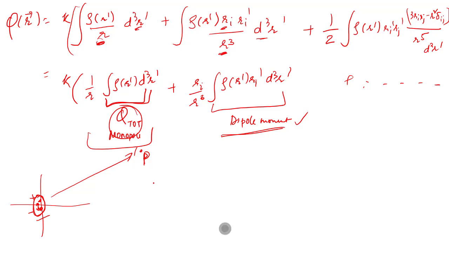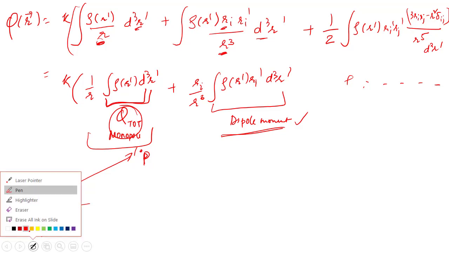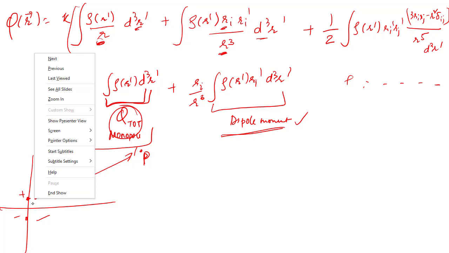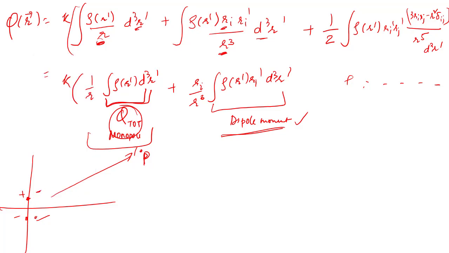Now, what if you had a charge distribution which had another dipole? Let me give a better example. Instead of having one dipole, let's say I have one dipole of plus minus and another dipole of minus plus.